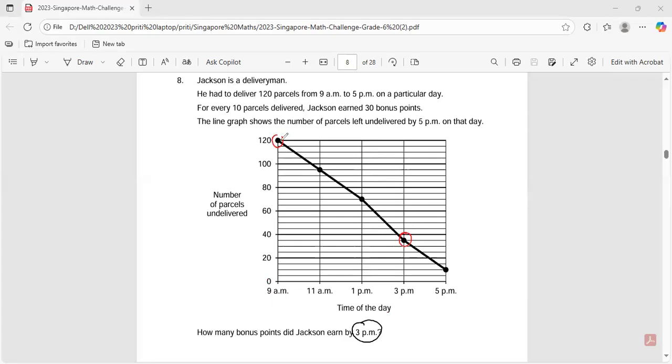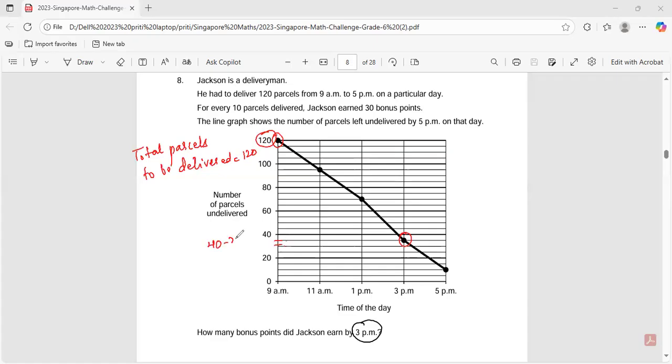So total number of parcels undelivered. So basically you started off with 120. So total parcels to be delivered is 120. How many were undelivered? Now, if you see 1, 2, 3, 4. So how do we find each of these intervals?